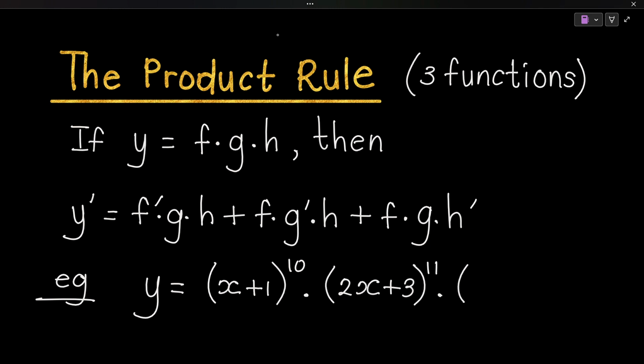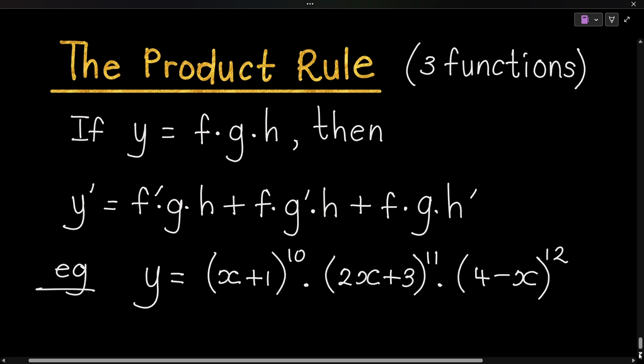And the third function is (4 minus x) to the power of 12. Now, before we start, we need to be able to understand what our three functions are, and it's actually best if we label them. So it's a lot easier for us going forward.